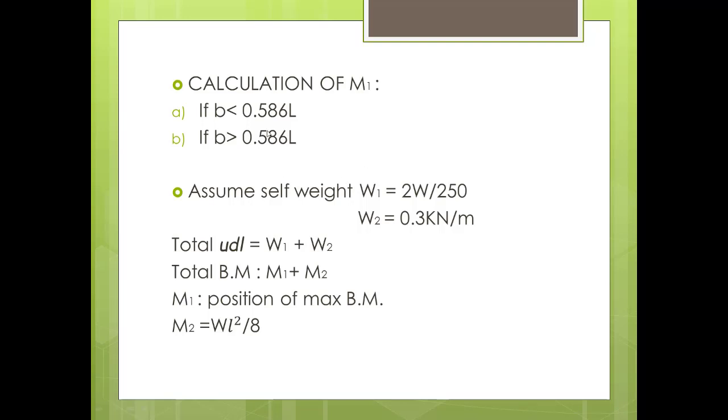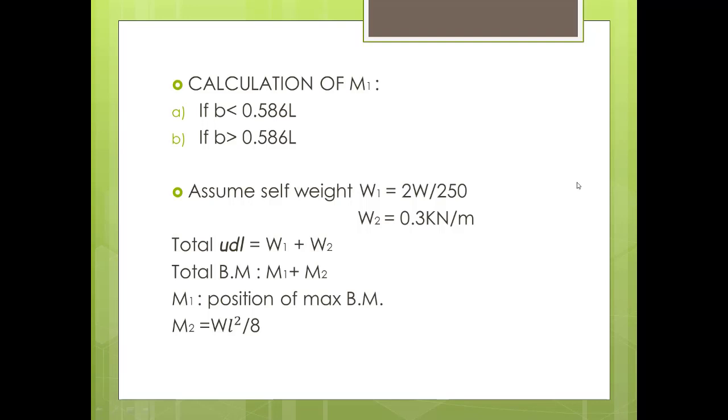If B is greater than 0.586 L, then we place one of the wheels at the maximum span to get the maximum moment. So these are the two criteria.